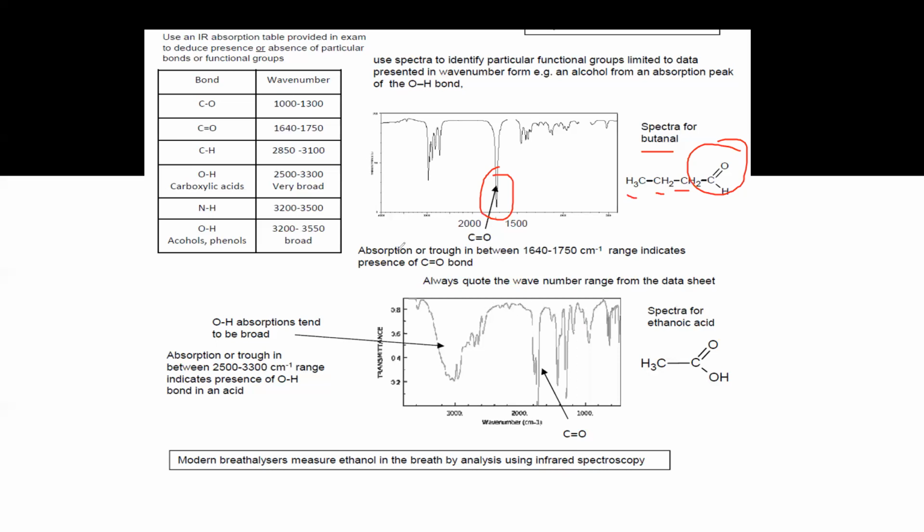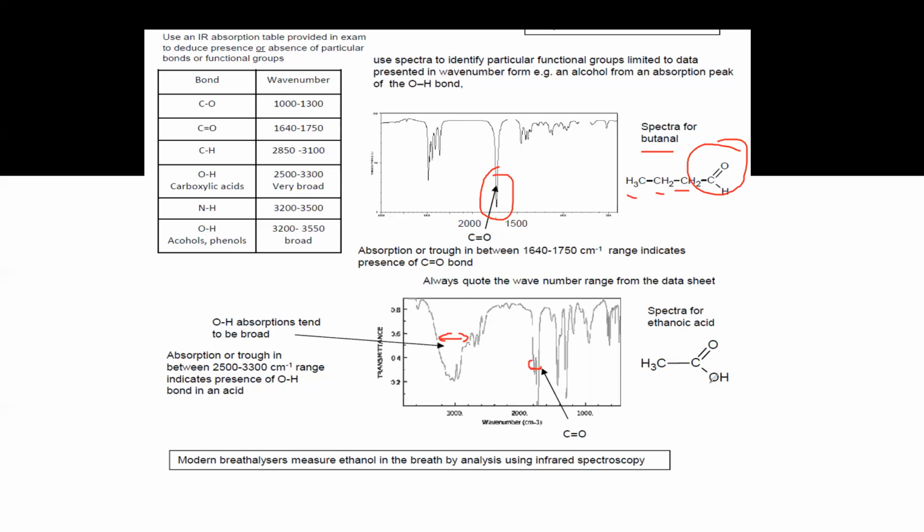In the same way, some of them are weak absorptions, some are strong absorptions, and some have a wide range. For example, OH absorption tends to be broad. You can see the peak is a broad peak as compared to the others, which are sharp peaks.